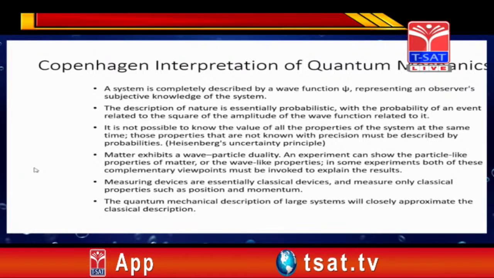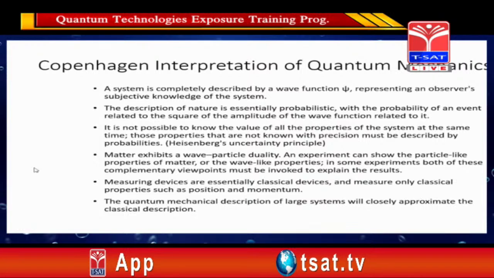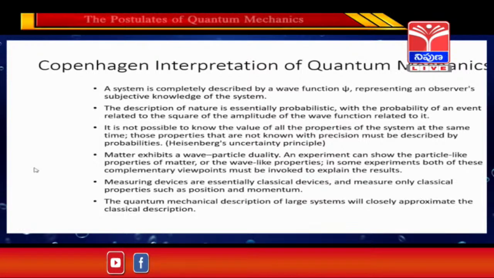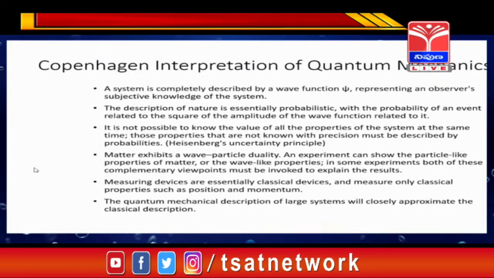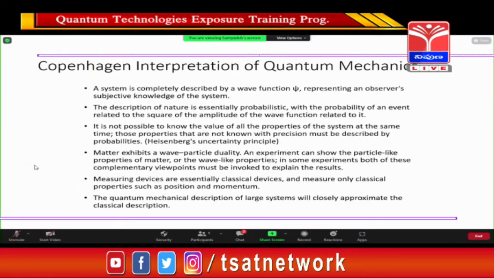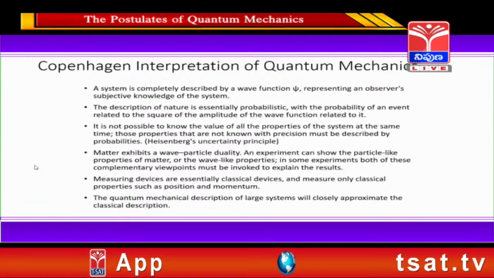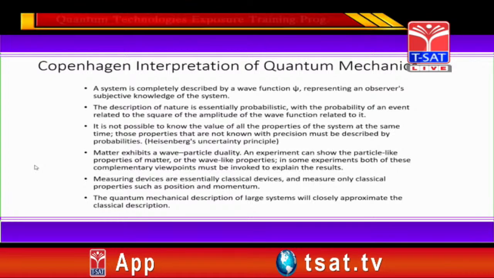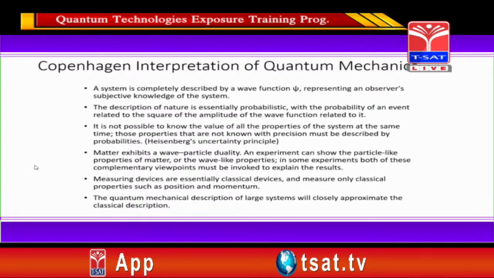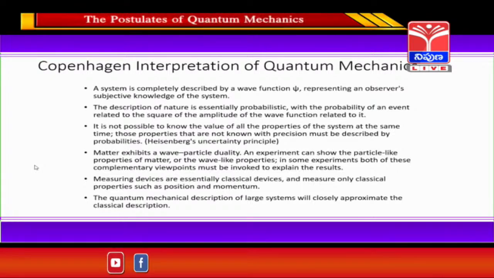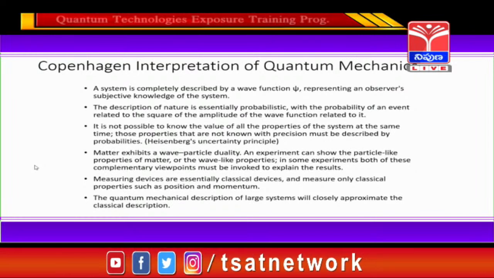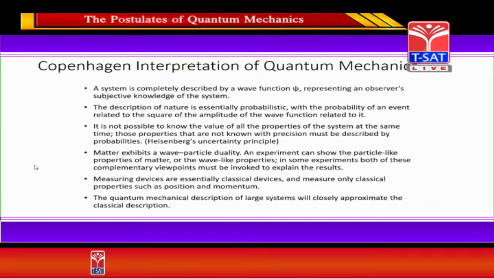Matter exhibits wave-particle duality. That is, every matter has both the property of a particle and also of a wave. Every moving body is associated with a wave called the matter wave, which is explained in the de Broglie hypothesis.